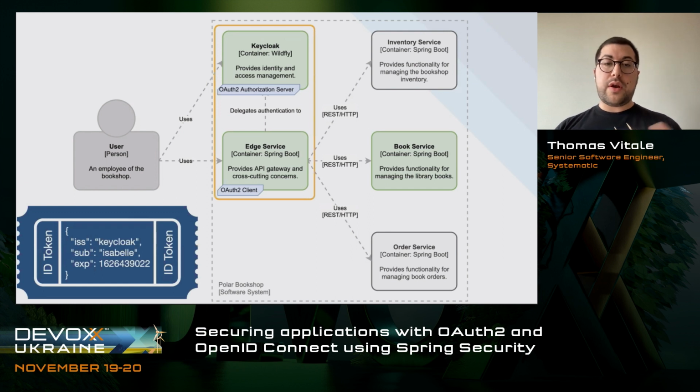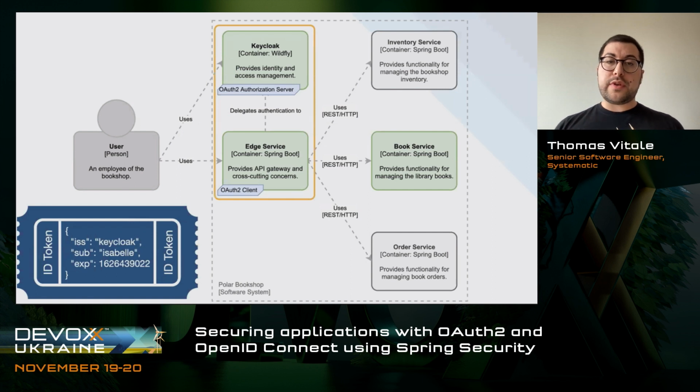An ID token is a data structure which follows the JWT format, JSON Web Token, in order to send some information to Edge Service regarding the identity of the user that just authenticated. So it can contain information like the issuer, that in this case is Keycloak, the username, we have Isabel as the subject of the ID token, and we have, for example, the expiration date. So when this ID token stops being valid.